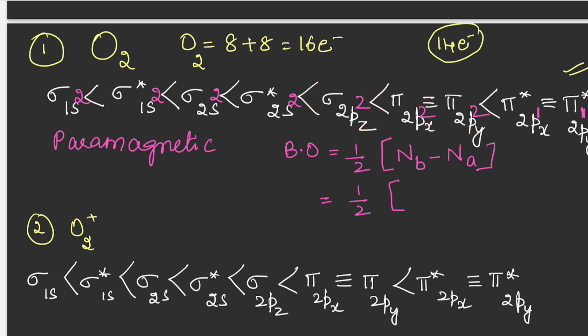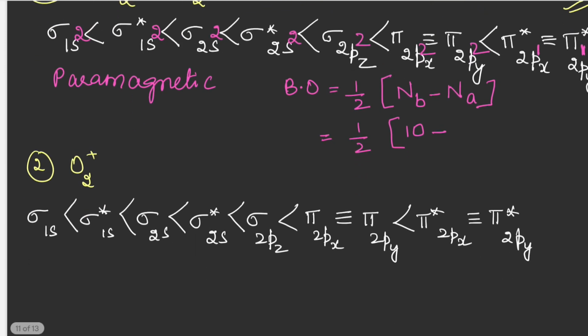So totally there are 10 electrons, minus the anti-bonding molecular orbital, how many electrons are present? Here you can see 2, 4, then here 5, 6. So totally 6 electrons are present. So you will be writing 6. So this is equal to 10 minus 6 is 4. 4 divided by 2 is equal to 2.